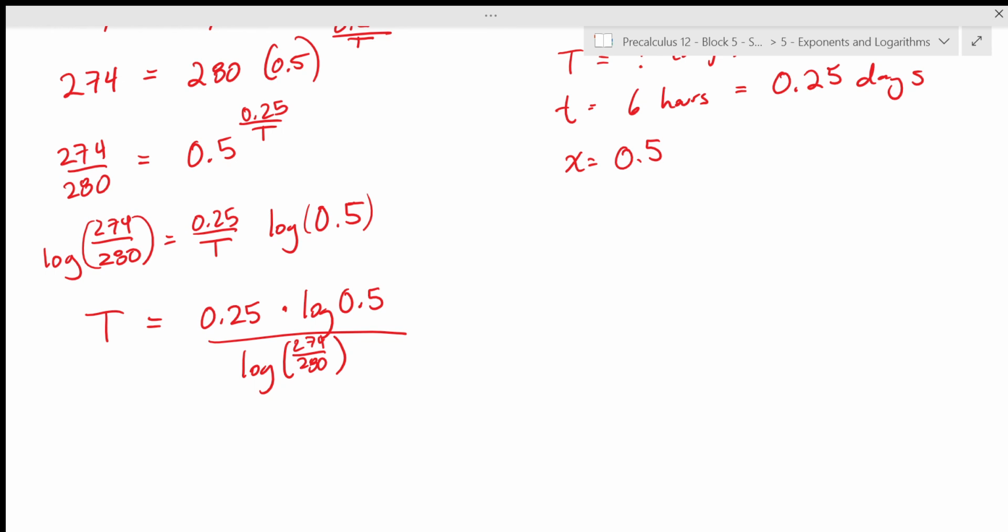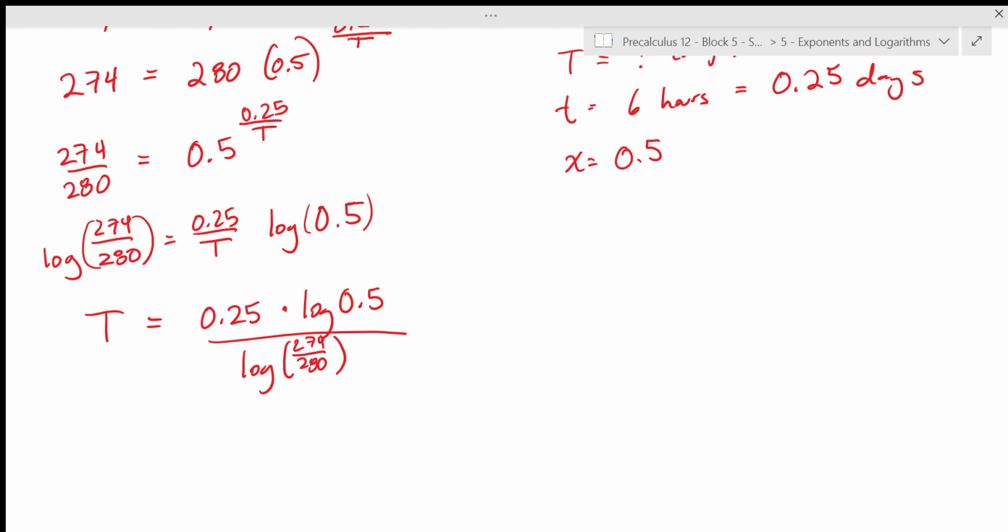So we have 0.25 times log 0.5, and then we're going to divide that by log of 274 divided by 280, making sure we close off our brackets properly.